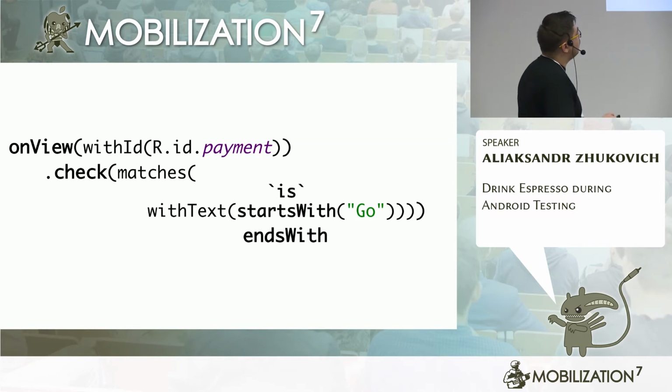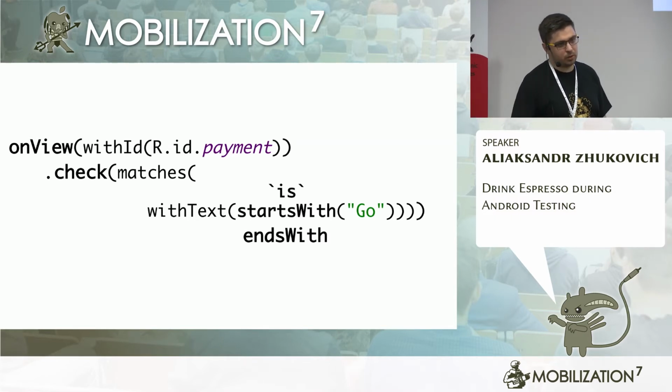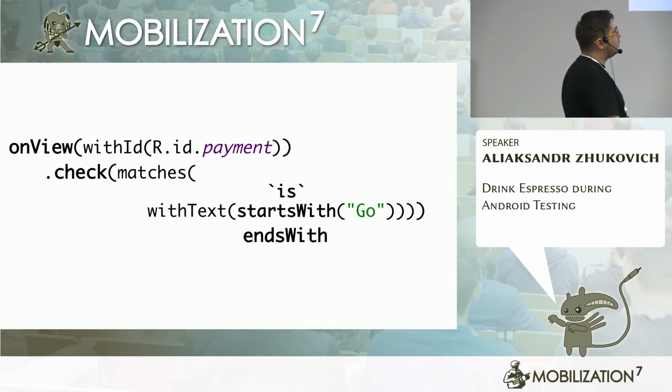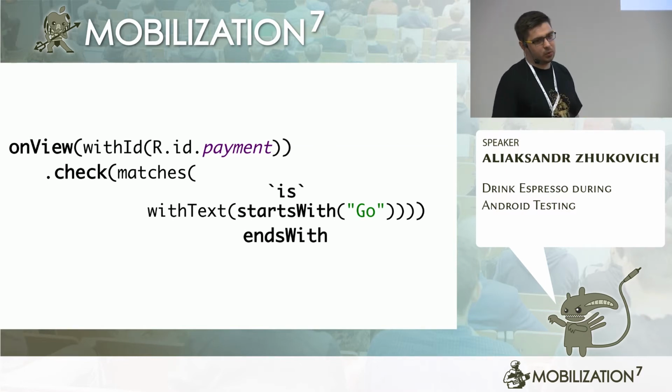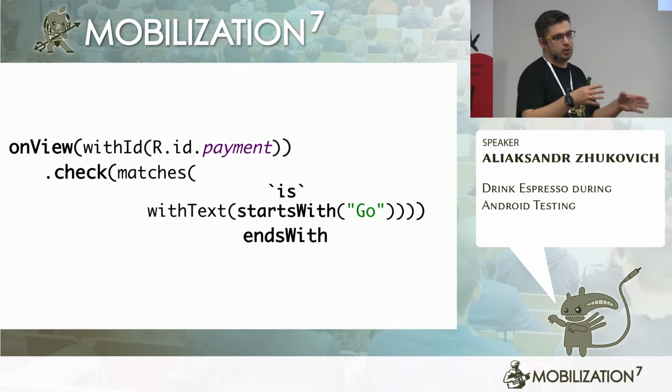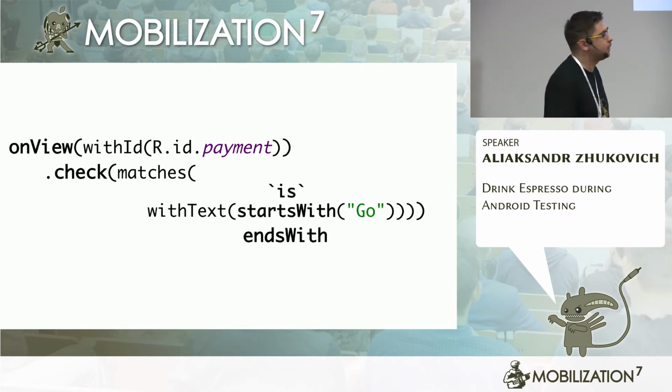And in this sample, we check our payment view and check that our text will be the same as Go, or starts or ends with Go. Sometimes when you get some data from your real server, this starts-with or ends-with can help you with testing, because sometimes you know not the whole string, just part of it, and it can really help you.